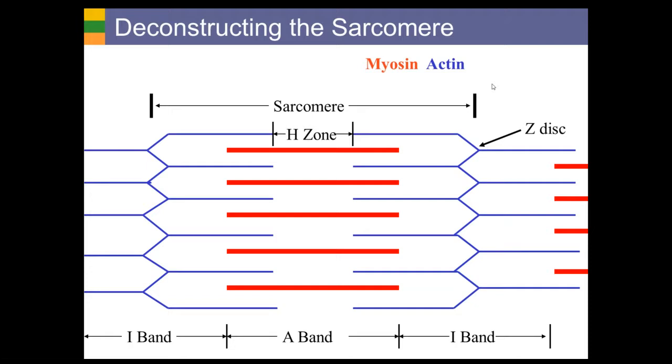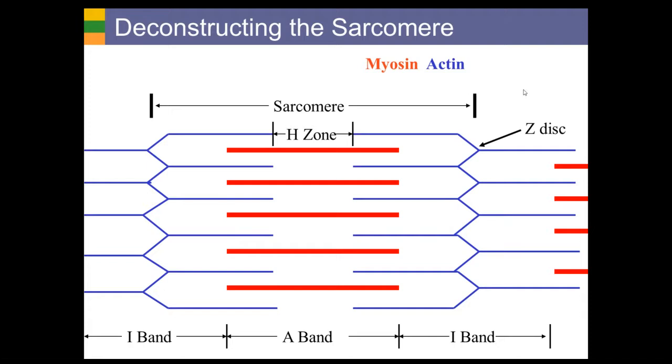Now, let me be clear. I am not going to ask you to label a sarcomere. I'm not going to ask you, what is a Z disc? What is the H zone or bare zone? It is important to understand the anatomy of the sarcomere in order to understand how a sarcomere contracts, which is what we're going to talk about next.